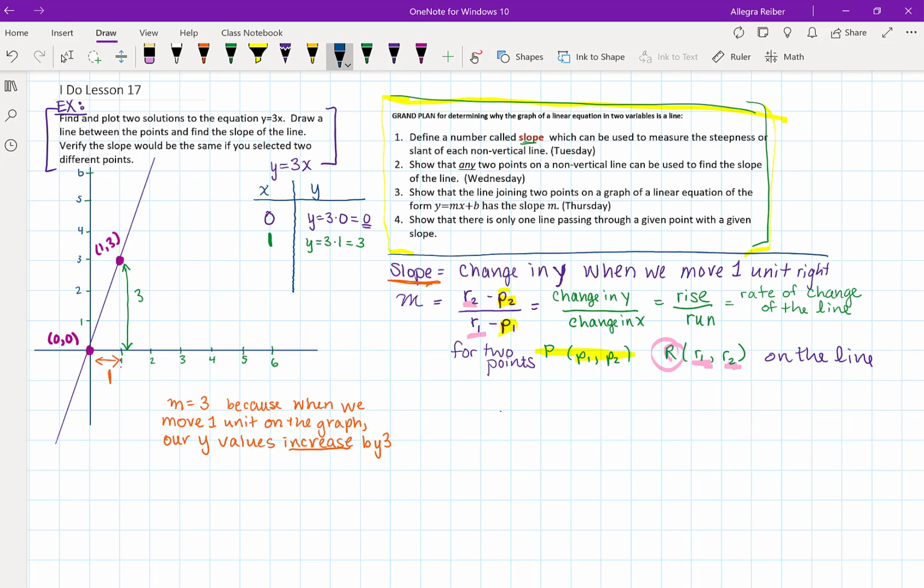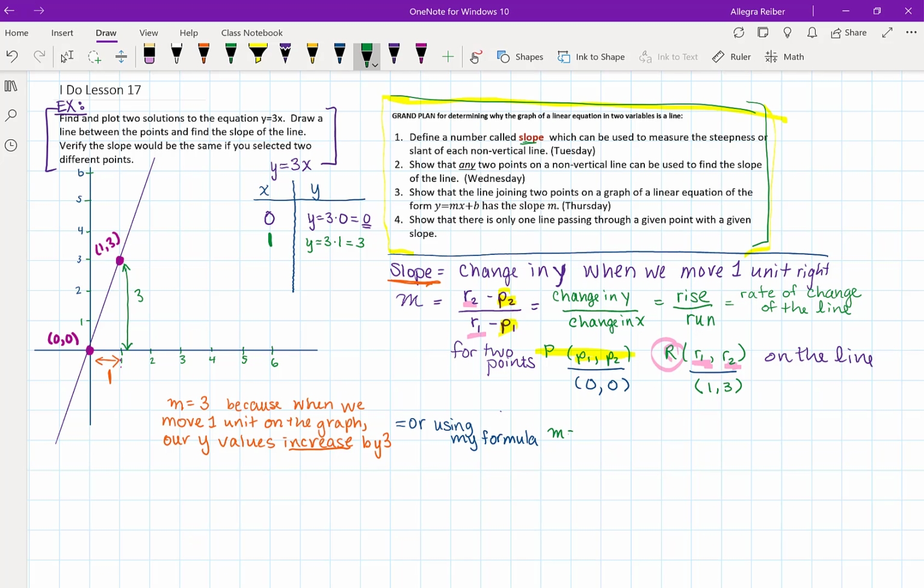Now, I could also verify that this is the slope using my formula, my formula involving P1, P2, and R1, R2. In our example, our first point P would be the point (0, 0), and our second point R would be the point (1, 3).